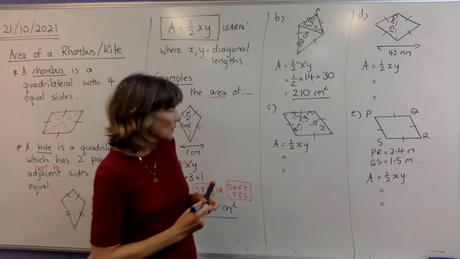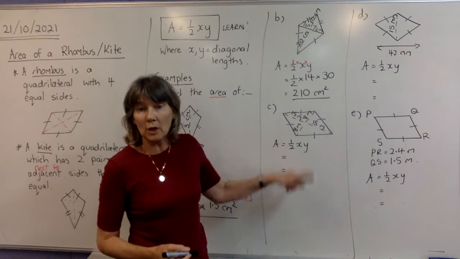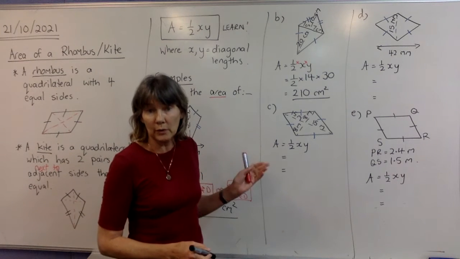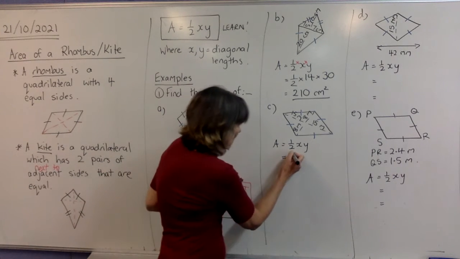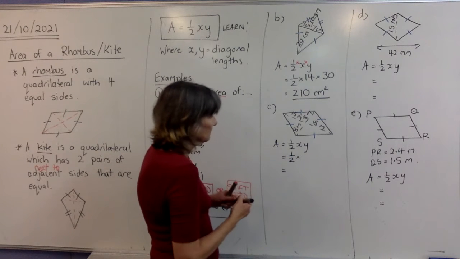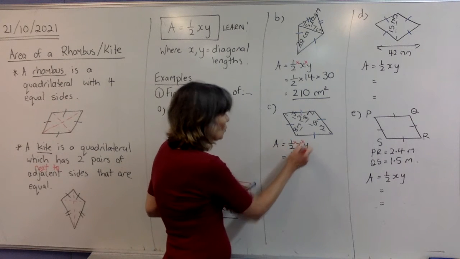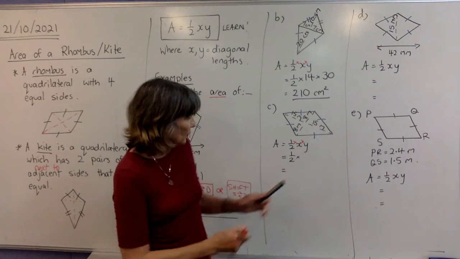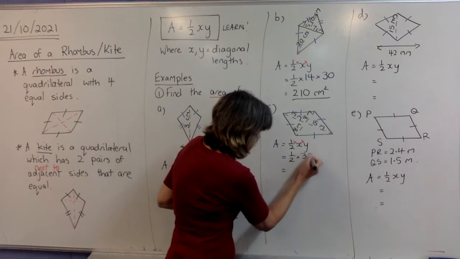All right, looking at the next question, it's got 4 equal sides, so it's a rhombus. So we're using this same formula because it works for the rhombus and the kite. And now we're going to sub our numbers in. So we want our whole diagonal length. The one going from here, 15 plus 15 is 30.